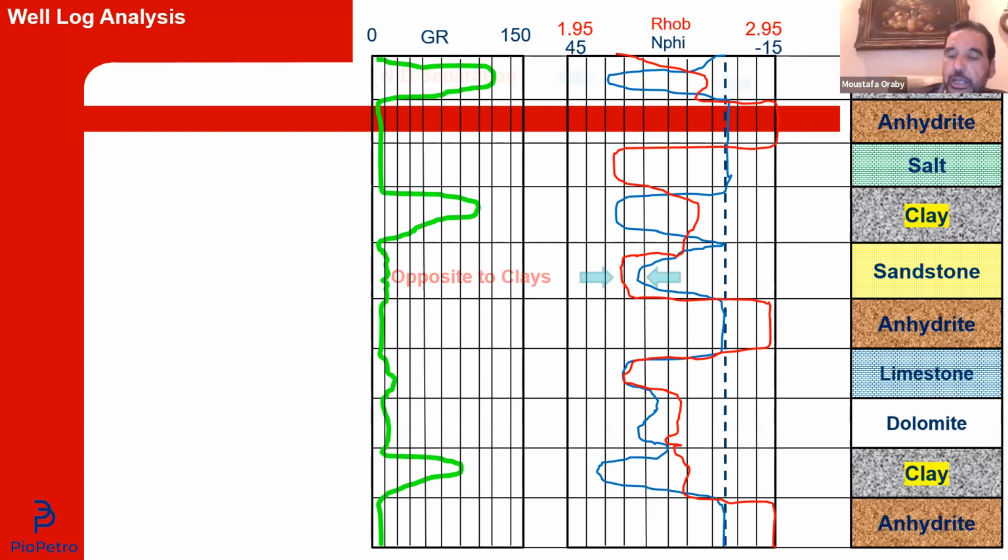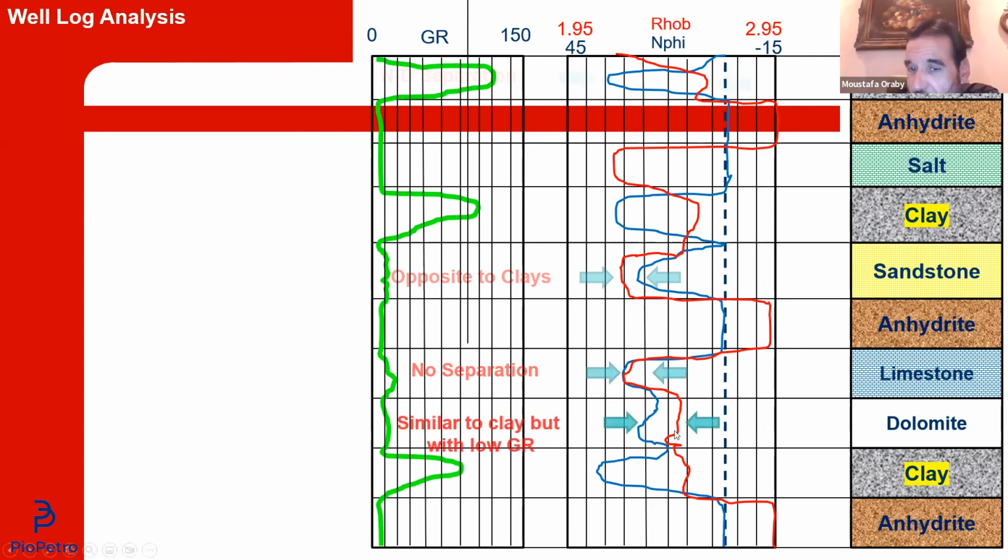Okay. Now, if I go here, they are overlaying, no separation. That's a limestone. If the neutron and the density are not separated, it's a limestone. So when the neutron and the density are overlaying, you can stamp there. That's a limestone. When they separate, similar to the clay, look at the clay. Clay, neutron left and density right.